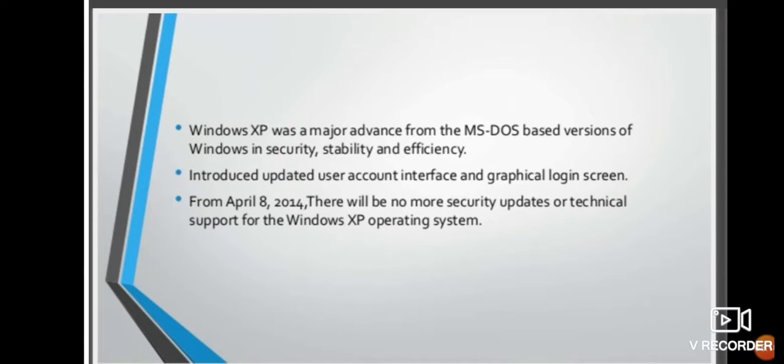It introduced an updated user account interface and graphical login screen. From 8th April 2014, Microsoft stopped making security updates and technical support for the Windows XP operating system, but it remained one of the most popular systems from around 2000 to 2010.